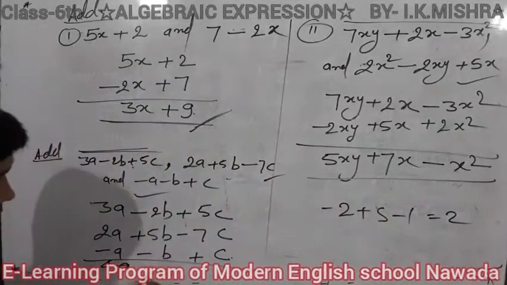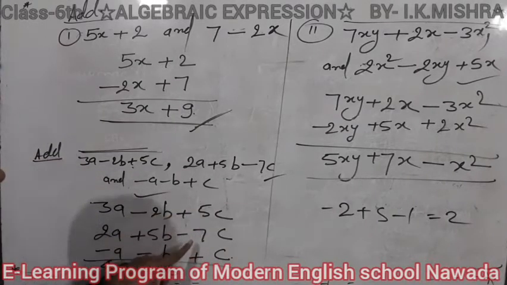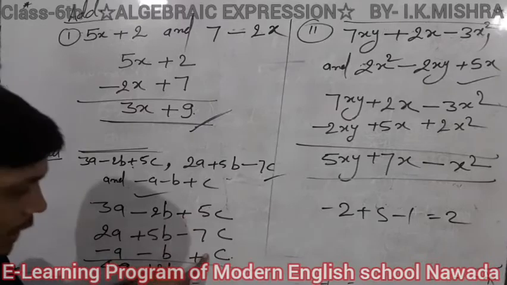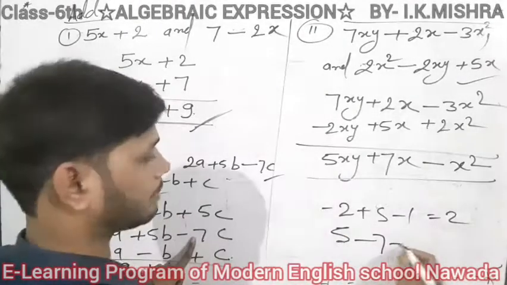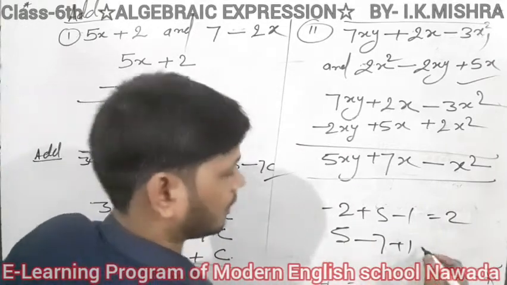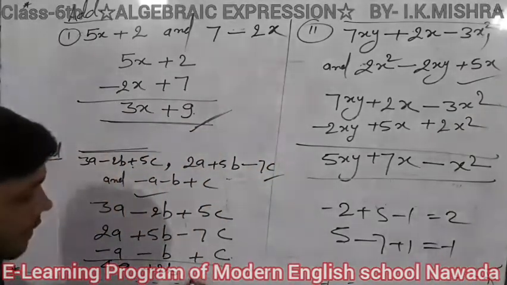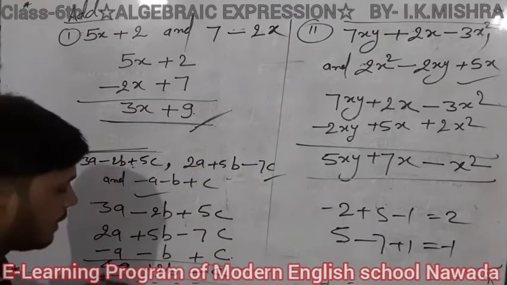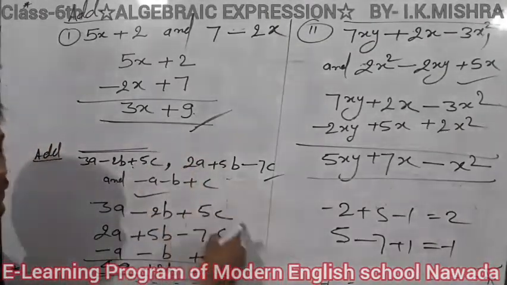That means here plus 2b. And here students 5 minus 7 plus 1. Its value will be 6 minus 7, equal to minus 1. That means here minus c. So students, this is your answer. It's the answer of this addition.